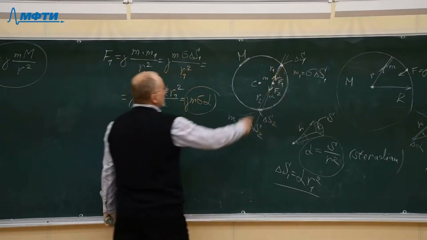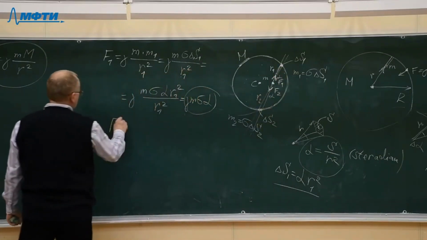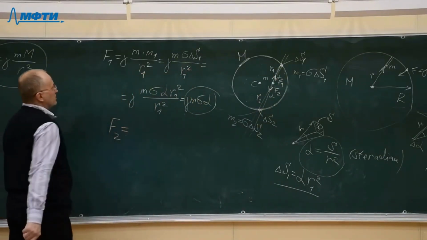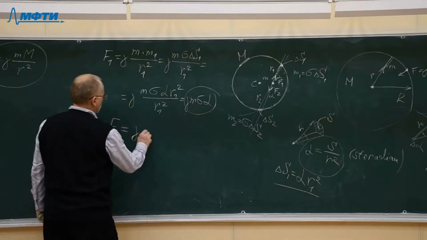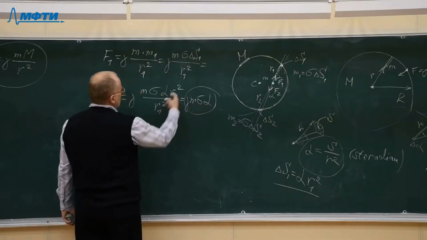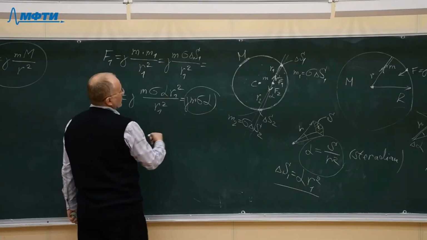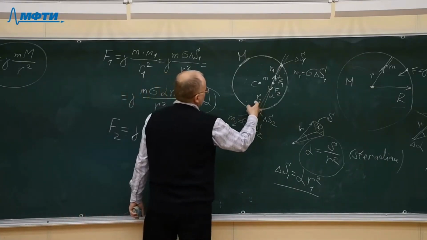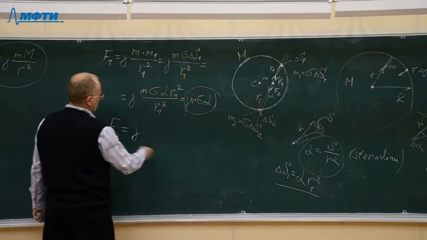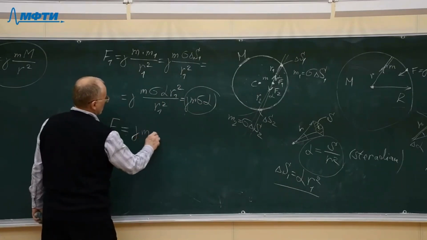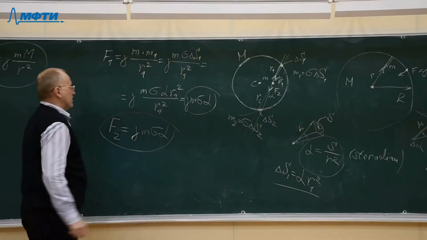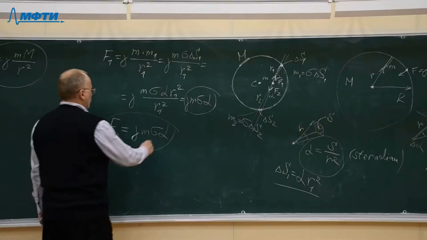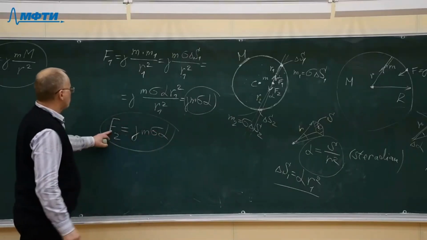Now we can calculate F2, and it's easy to understand that F2 will be the same, because radius r1 cancelled here, and in the same way radius r2 will cancel from another formula which is absolutely similar. So that will be the expression for force F2.